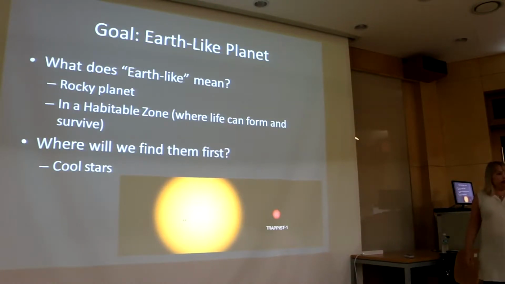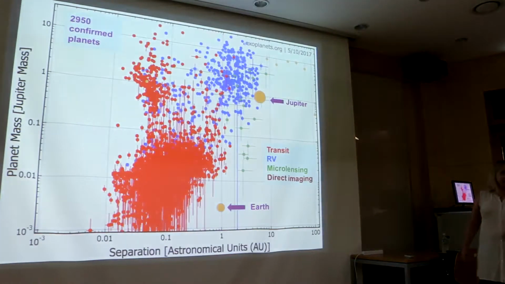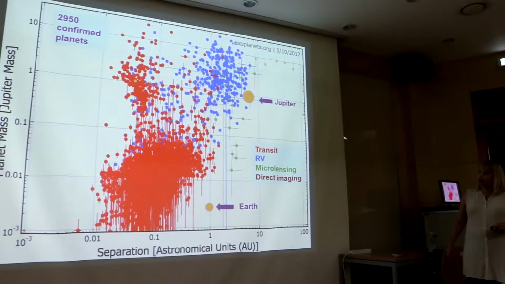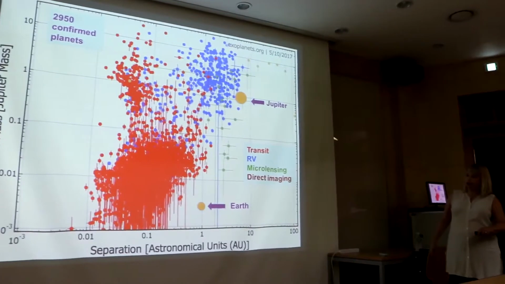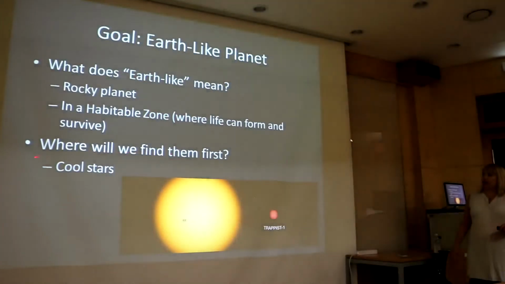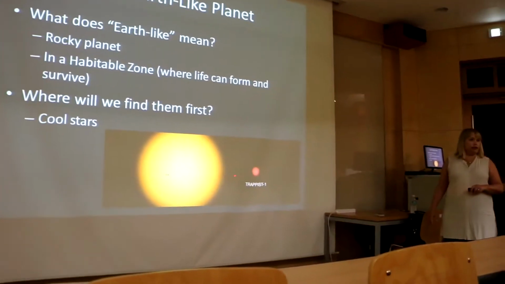Now, where will we find the first habitable planet? As I showed you in this plot, we have not found any planets down here where Earth lies. Instead, what we're finding is Earth mass planets that are closer to their star, and it is there that we will find the first Earth-like planets around a star that's much cooler than that of the Sun.